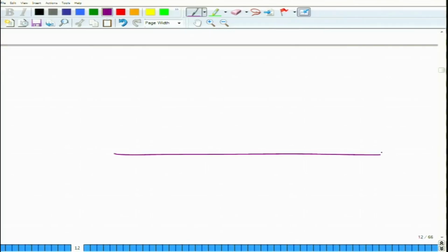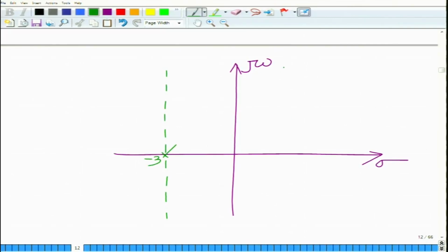It includes the strip between minus 3 and 2, and this can be simply illustrated as follows. This is sigma, this is j omega, and you have sigma equals minus 3 here. This is one pole, and you have sigma equals 2 here.